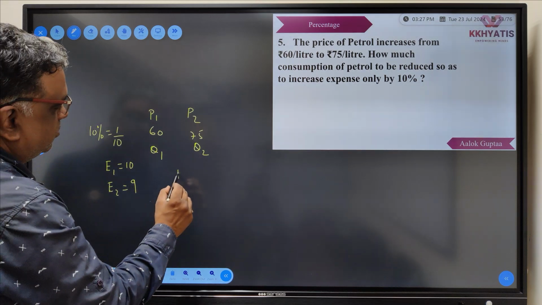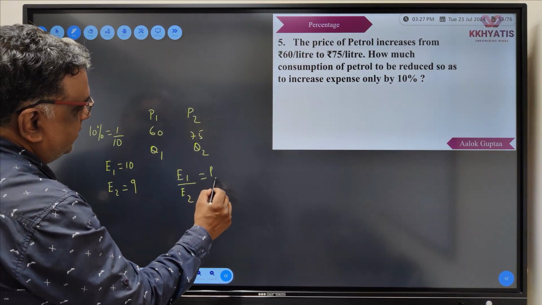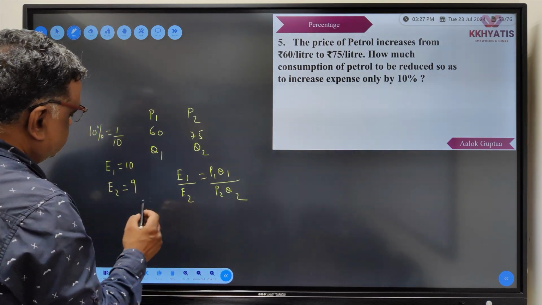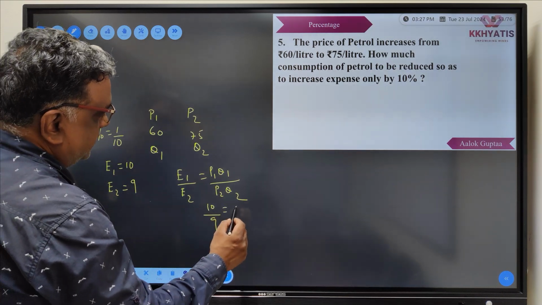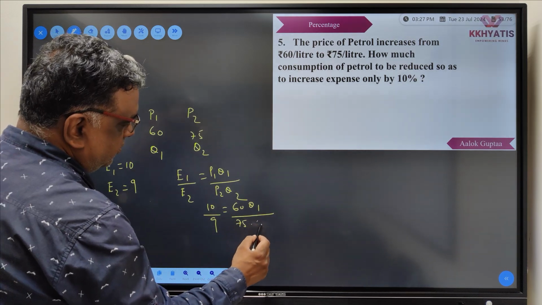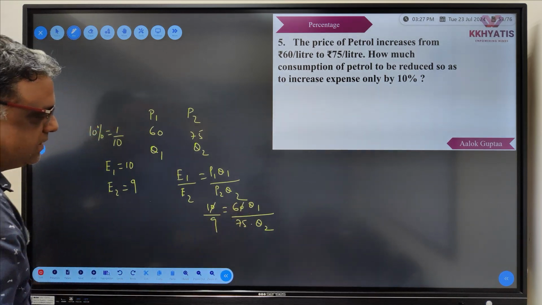So what I will simply do, I will take a ratio of E1 upon E2, which is P1 Q1 upon P2 Q2, correct? So E1 is 10 and E2 is 9. P1 is 60 into Q1, P2 is 75 into Q2. So I will just cancel 10 with 10 here.